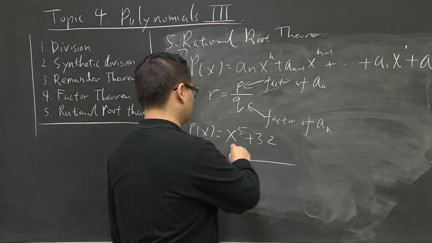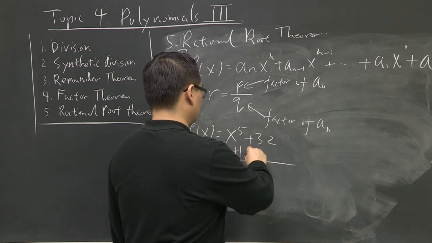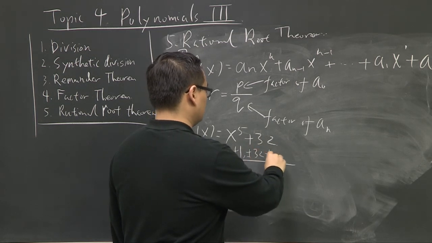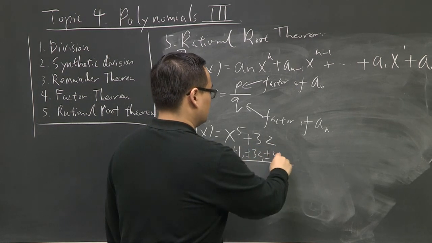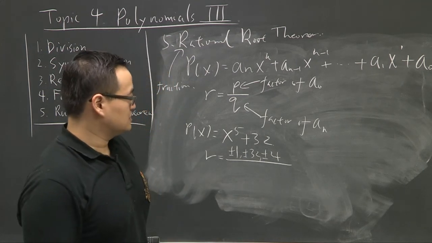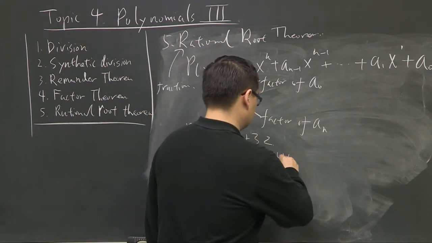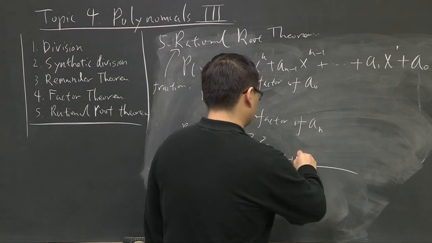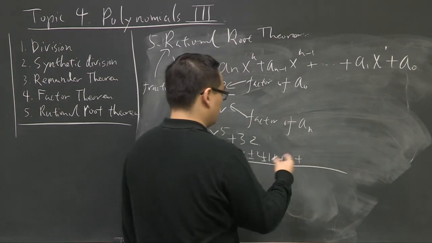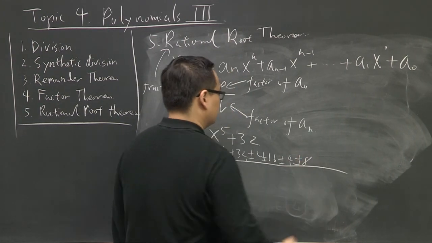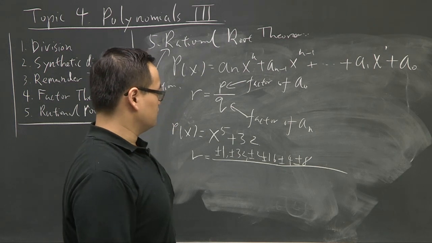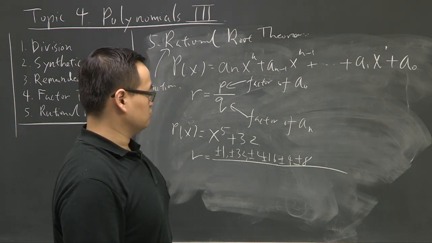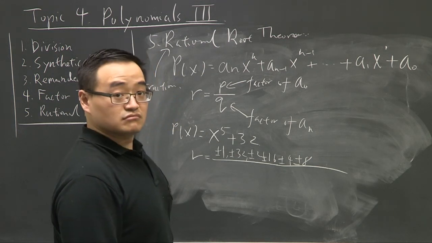Well, plus minus 1, plus minus 32, plus minus 2, and what's the other partner of 2? 16. It keeps on going: plus minus 4. Always do them in pairs, plus minus 8. Anything else? No, that's it.